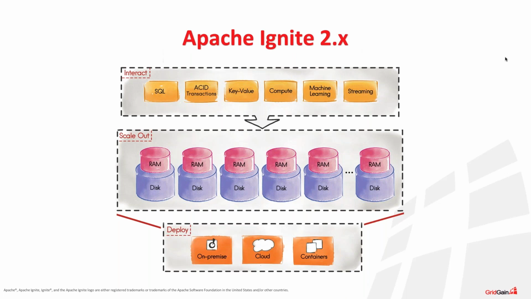If you take a look at this picture, in fact, Apache Ignite is becoming a memory-optimized computing platform that blends a distributed SQL database with an in-memory key-value data grid. The computing platform is ACID compliant, is highly available, and can scale out easily to thousands of nodes. And as the slide shows, it can be easily deployed on-premise or in any cloud environment.